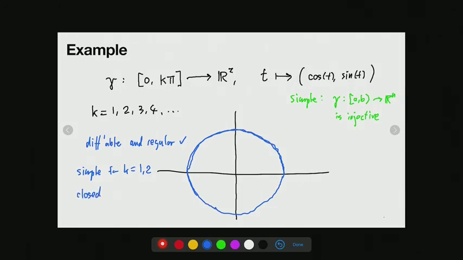Is it closed? Okay, for which values of k is this a closed curve? Perhaps there are suggestions. Yes, please. Even? Yeah. So even, if it's even, like 2, 4, 6, 8, then it's closed.